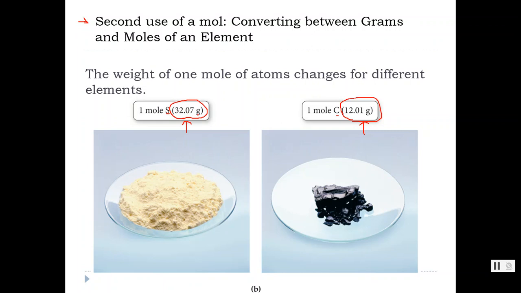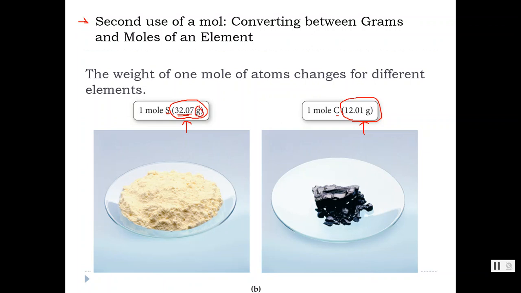Now take a look at your periodic table for sulfur. What do you see the atomic mass is for sulfur? You should see that it is 32.07 atomic mass units. So it's the exact same number, just the unit is different.